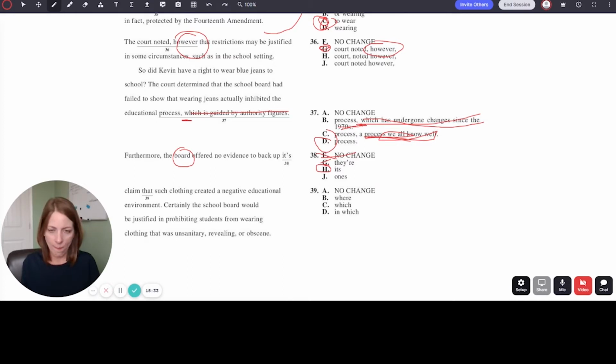Okay. I think that is just fine. Offered to back up its claim that such clothing created a negative educational environment. So when you have a "that," all that follows is necessary.